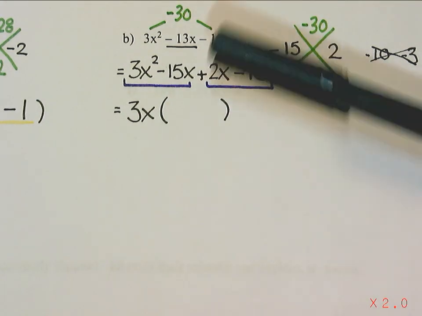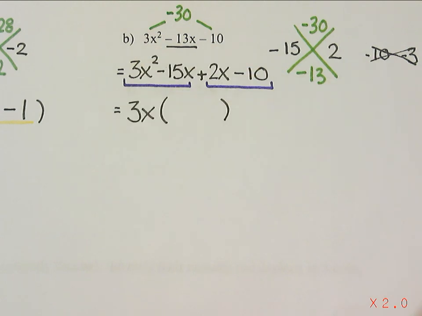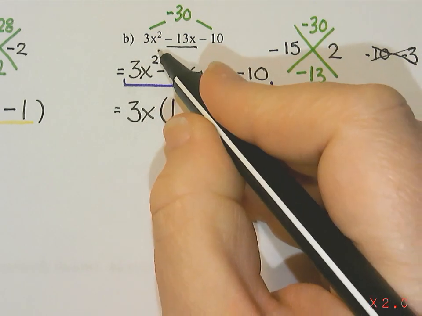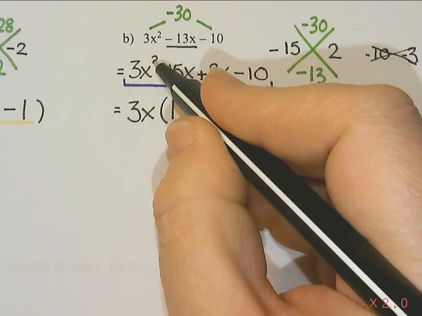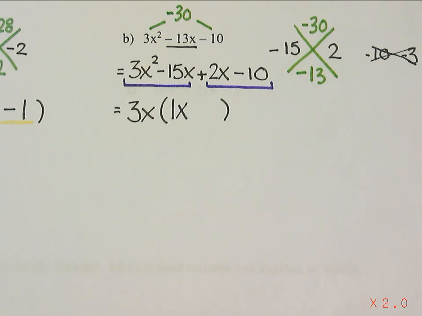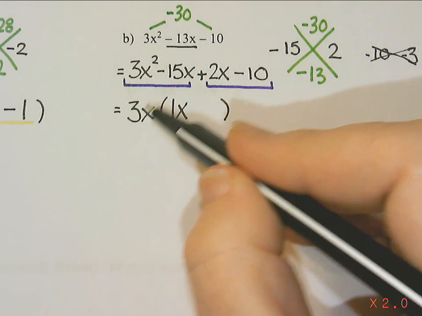And then what I need to do is take 3x squared and minus 15x and divide them by 3x. So 3 divided by 3 is 1. X squared divided by x, this is 2 x's being multiplied. I'm dividing one of them out, so there is still an x left behind. Then I'm going to do negative 15x divided by 3x.